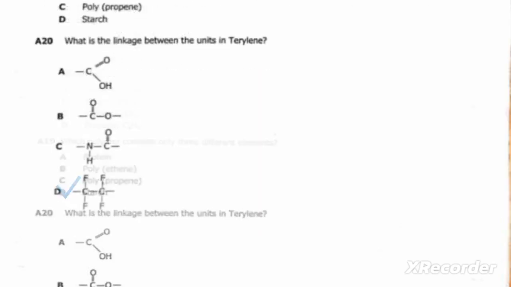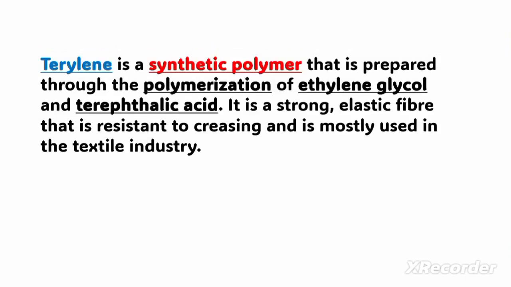We shift to the next question, which is question A20. Question A20, the question reads, what is the linkage between the units in terylene? So we need to understand that terylene is a synthetic polymer that is prepared through polymerization of ethylene glycol and terephthalic acid.